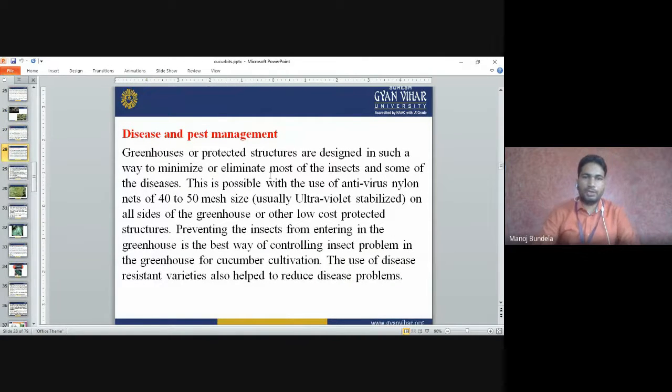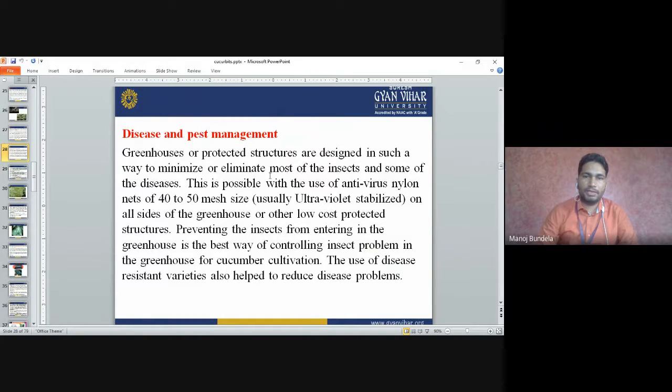The greenhouse and protected structures are designed in such a way as to minimize or eliminate most of the insects and some of the diseases. This is possible with the use of antivirus nylon nets of 40 to 50 mesh size, usually ultraviolet stabilized, on all sides of the greenhouse.